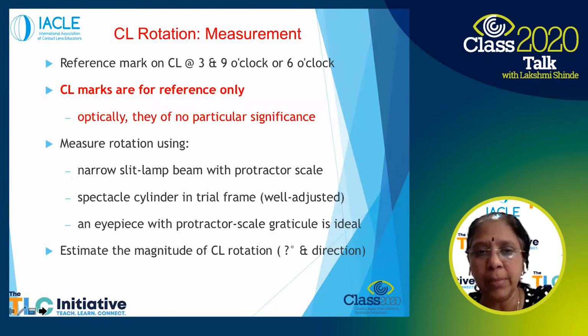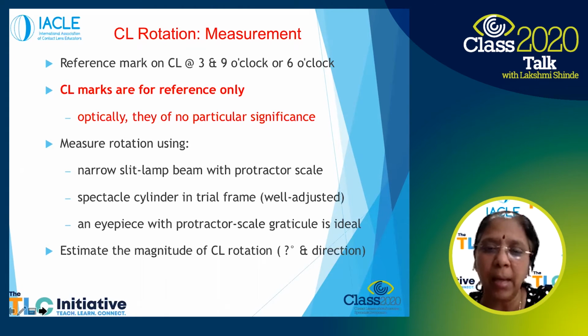One thing, especially from a student's point of view, is that these scribe marks that we say at 3, 9, and 6 o'clock, or 5, 6, and 7, are all marks for reference only. We are only looking at it as a reference mark. Is there a rotation or is there no rotation? It doesn't mean that if the scribe marks are rotated to a particular position, the lens is wrong and we should not prescribe it.